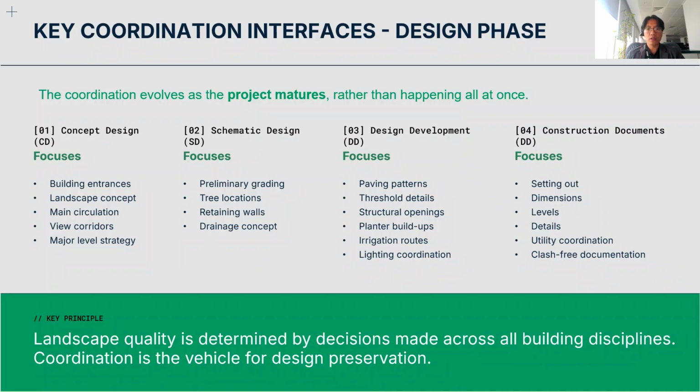The last one is the construction document, where we focus on the setting out of every landscape object, precise dimensions, precise levels, construction document details, utility corridor coordination, and clash-free model or documentation.